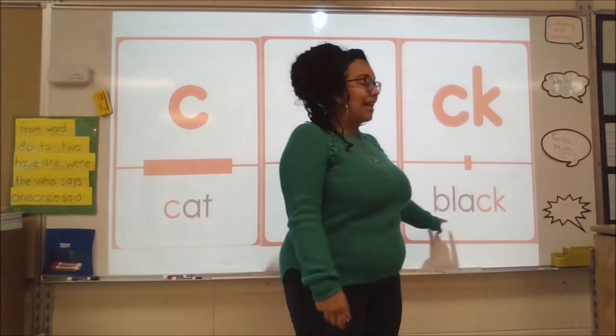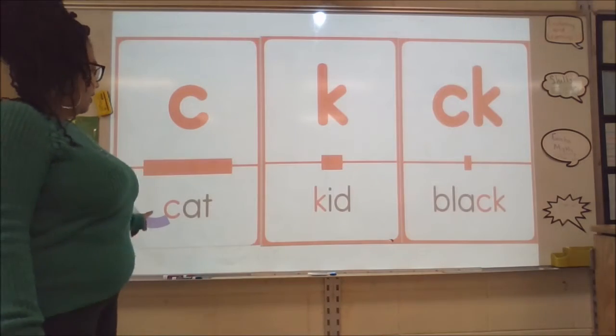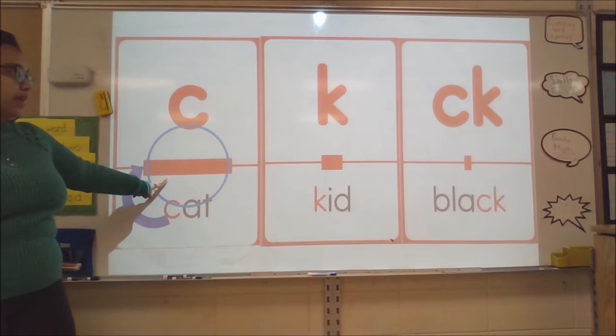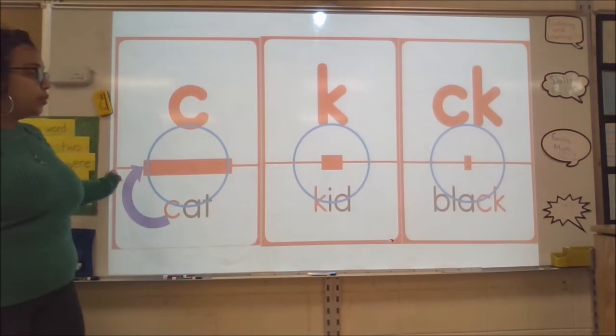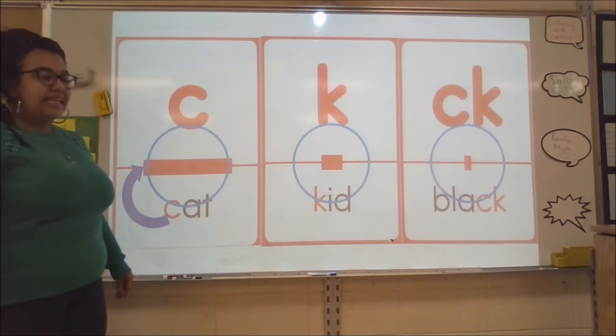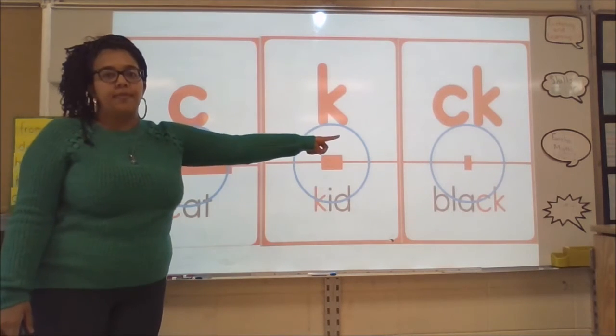You don't say black-kuh, it's just one K. So notice, this is called your power bar, and each card has one of these, and it tells you how often you use each sound spelling. So which one do we use the most? C, correct. And which one do we use the least or the smallest number of times?